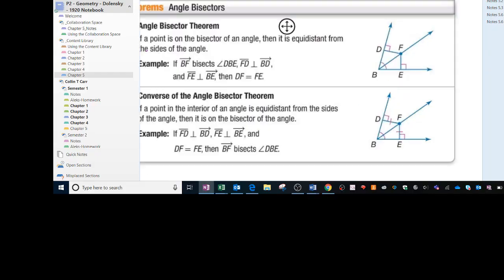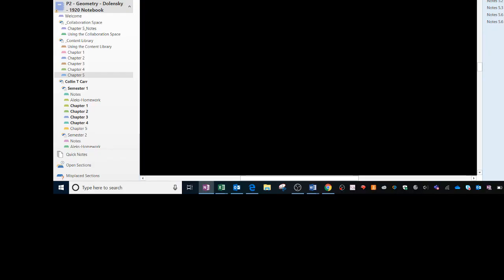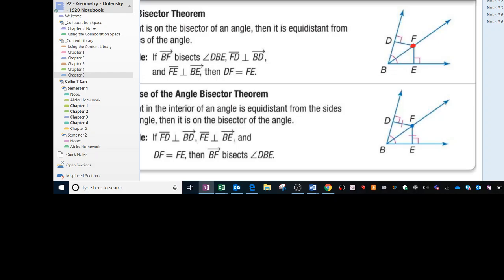So here again, a point, which we would call F, here is on the bisector, then it's equidistant.